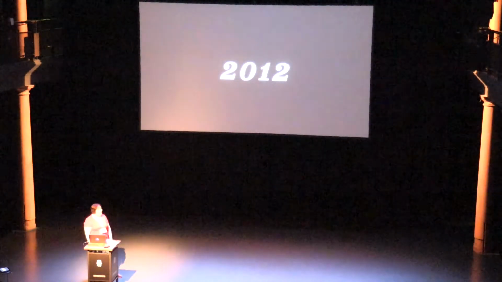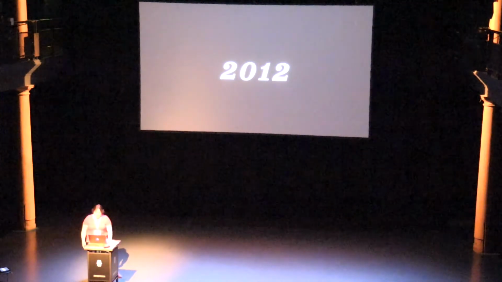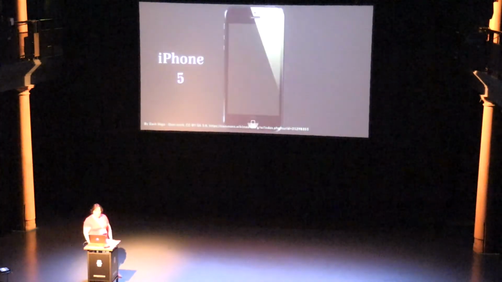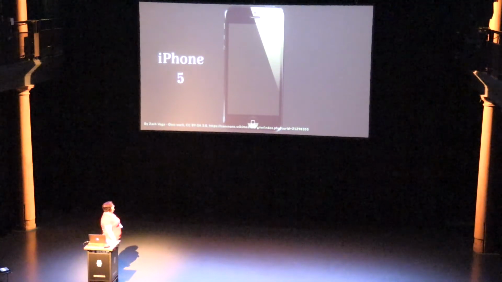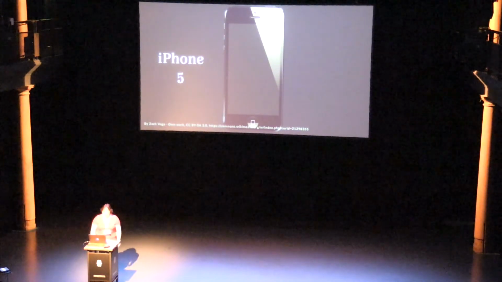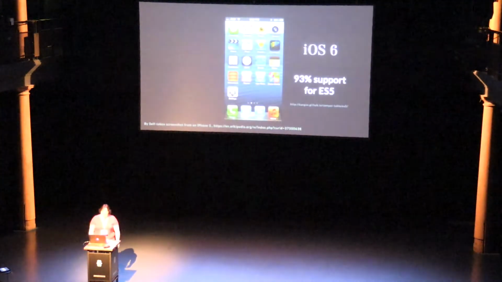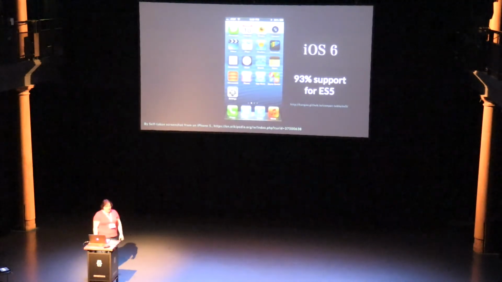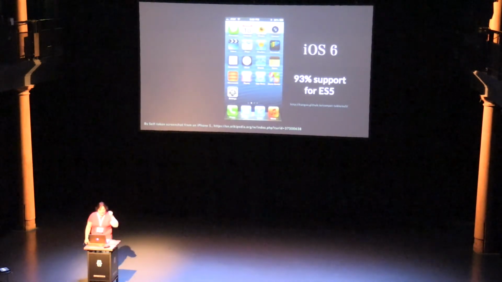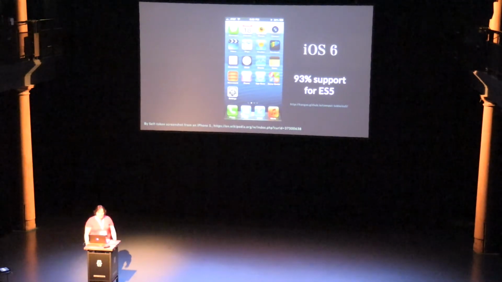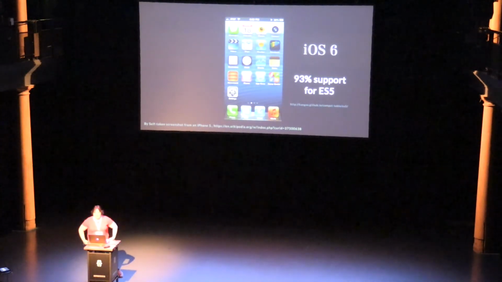So we were stuck on ES3 until 2012. iPhone 5 came out. This looks a little bit more familiar to me. And we had iOS 6, which was still skeuomorphic, but the last one. And it took until 2012, 3 years, before iOS had good ES5 support.